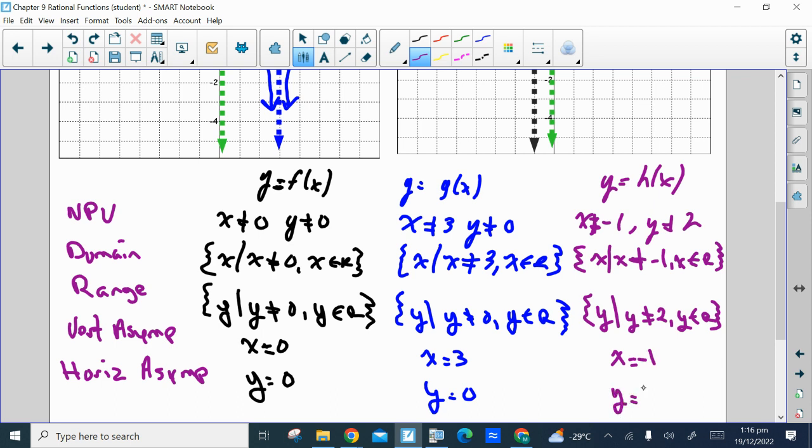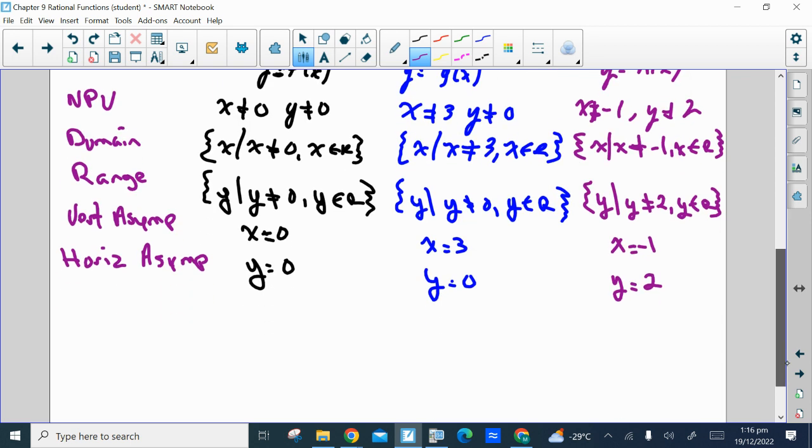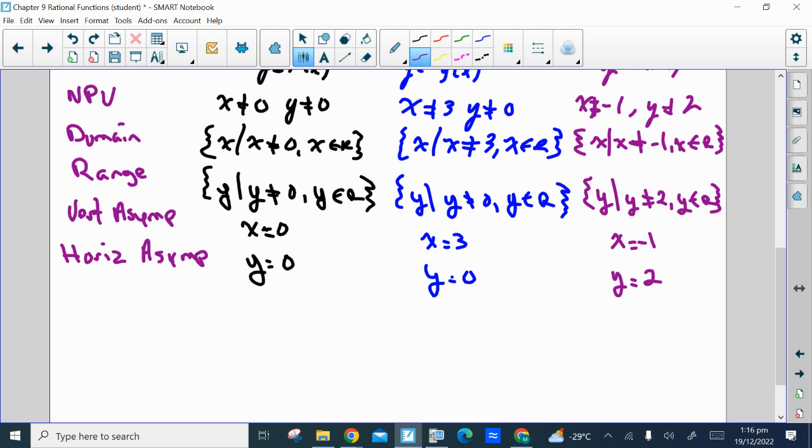And there's the equations of our asymptotes. Okay.